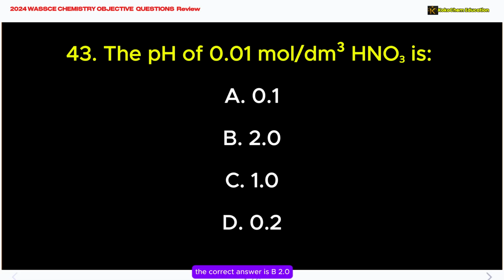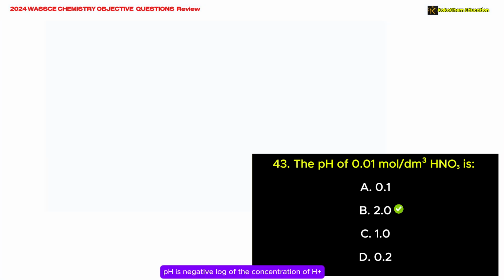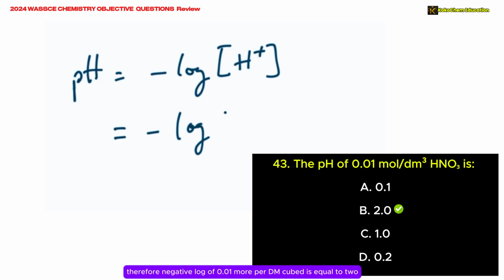The correct answer is B. 2.0. Explanation. pH is negative log of the concentration of H+. Therefore, negative log of 0.01 mole per dm cubed is equal to 2.